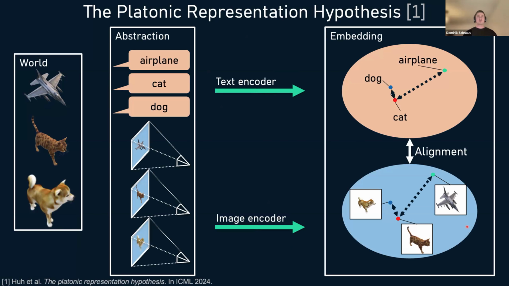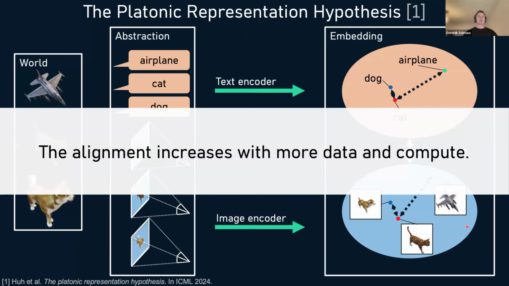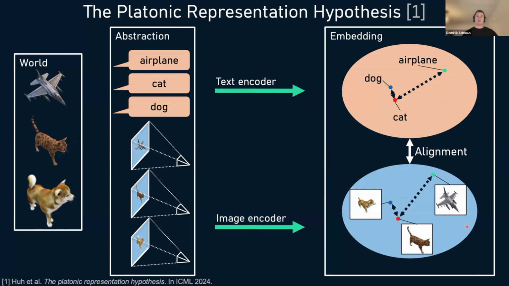They find that with increasing compute and data, the pairwise similarity becomes more aligned. So for large enough data and models, the cat is probably closer to the dog than to the airplane in both the image and the text embedding space. The pairwise distances become more similar between vision and language models when you have more data and larger models.